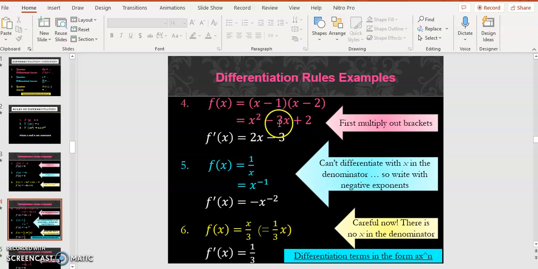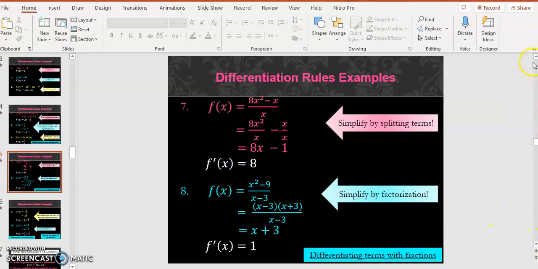Then 1 times minus 3 will give you minus 3, that is x to the power 1 minus 1 will give you 0, so you have only minus 3 here. This plus 2 will blow away because it's a constant. Remember, we said if it's a constant, the rule says it's 0. If it is minus 3x, the rule says it's minus 3. So we are using the rules here.